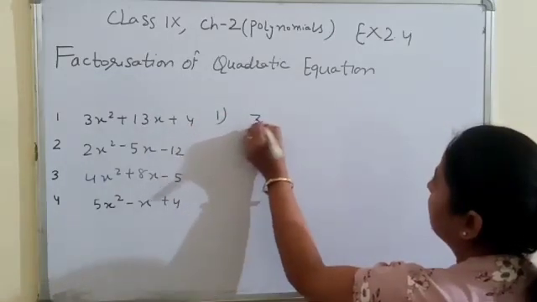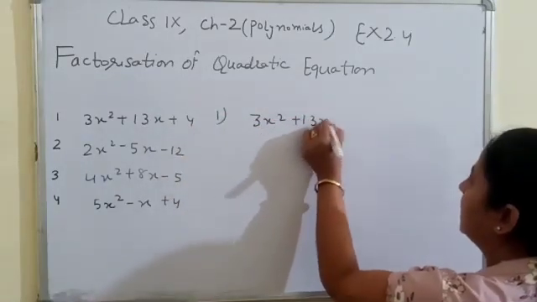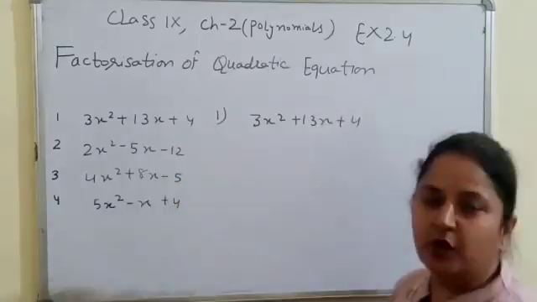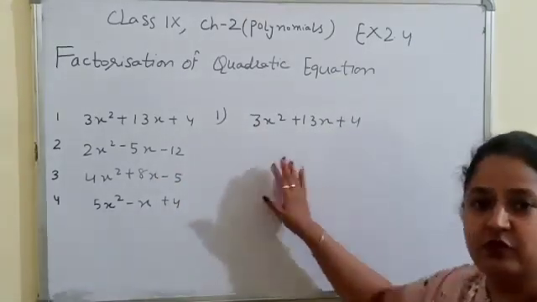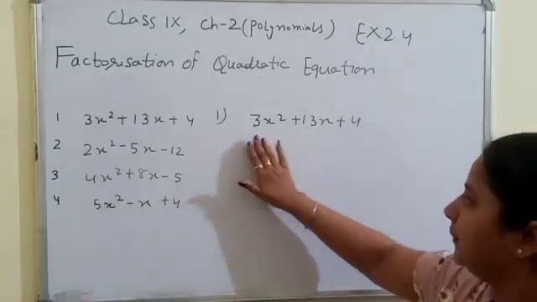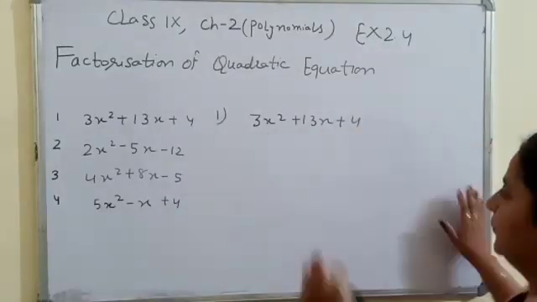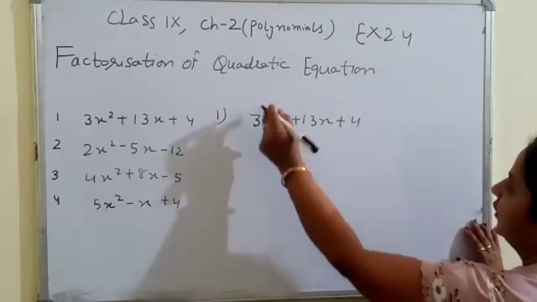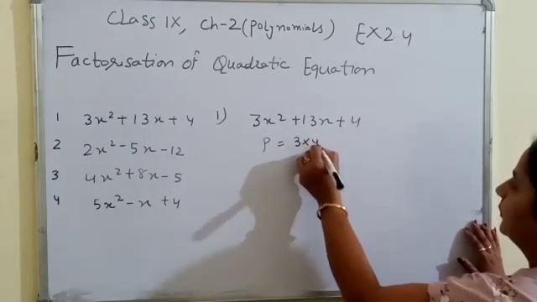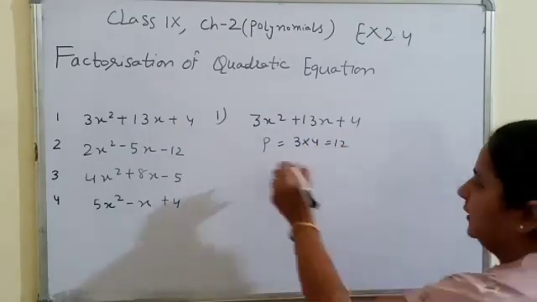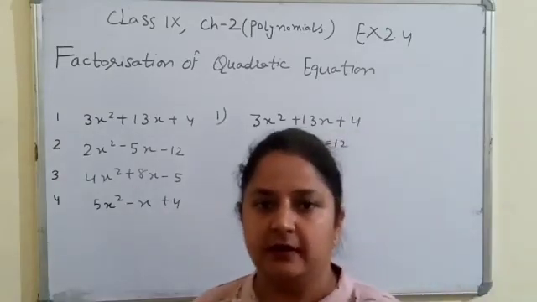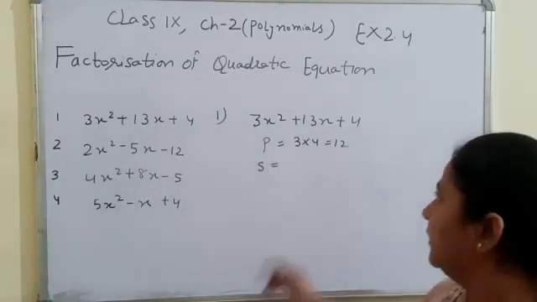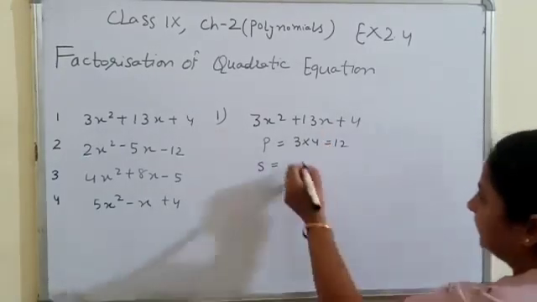First is 3x square plus 13x plus 4. As per the rule of factorization by splitting the middle term, what is the first step? We will multiply the first term and the last term. So what is the product of 3 and 4? It is 12, and we have to split 12 into 2 factors so that their sum should be equal to 13.